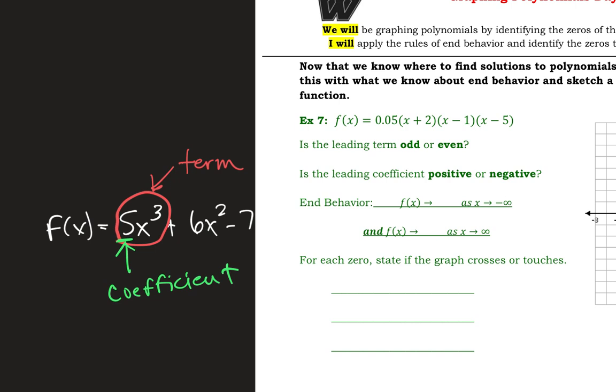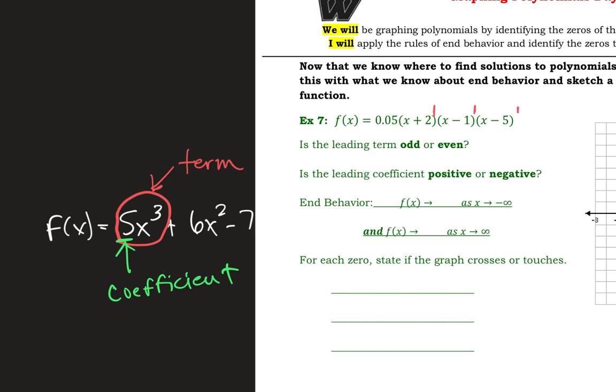The best way to do this is to look at the exponents of your factors. So this has an exponent of 1, this has an exponent of 1, and this has an exponent of 1. This one's not to any power because it doesn't have an x. If there isn't anything, I want you to put 1. So 1, 1, and 1.